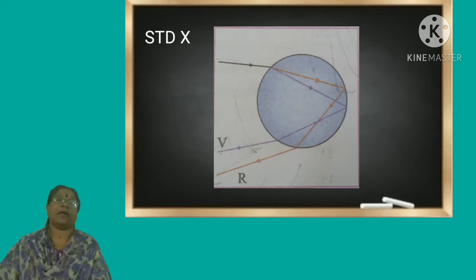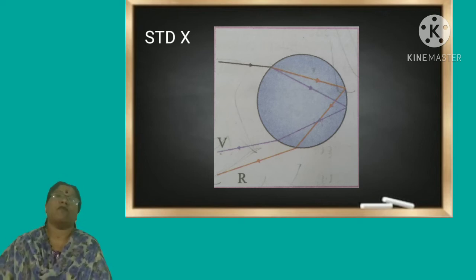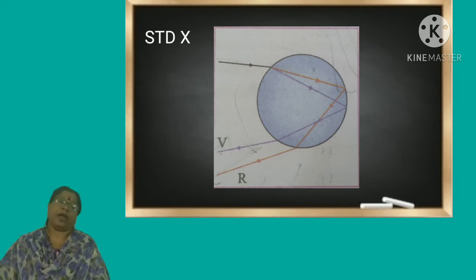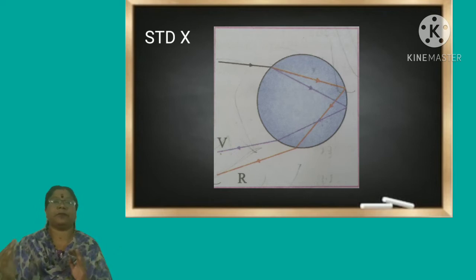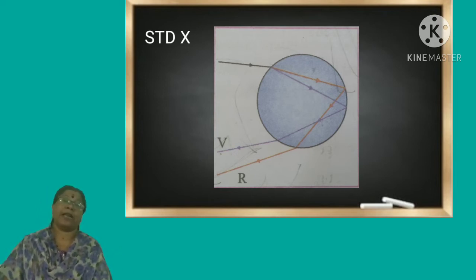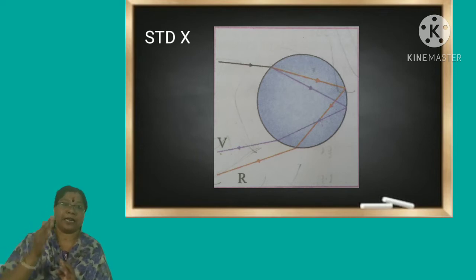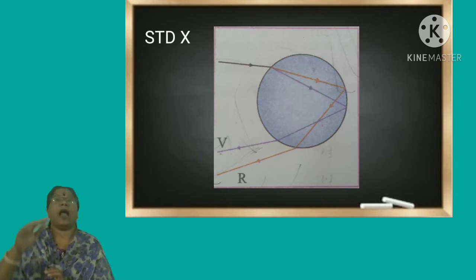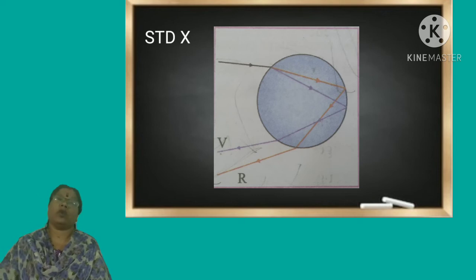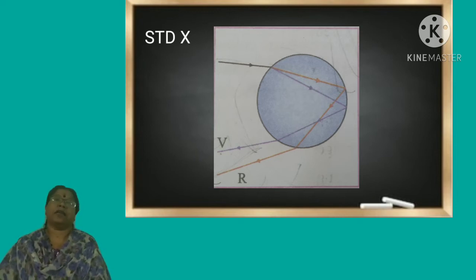So, 1 time refraction and 2 times reflection inside the water droplet. After all these processes, when the ray of light comes out, it is dispersed. Violet is seen on the inner side of the rainbow and red is seen on the outer side of the rainbow, because violet has the least wavelength and red has the greatest wavelength.